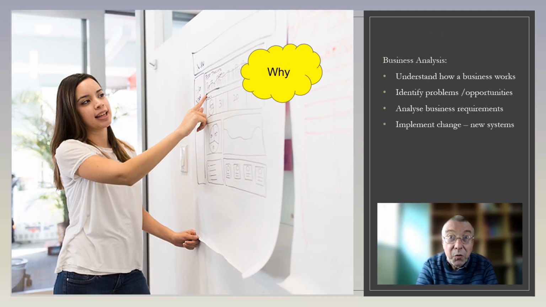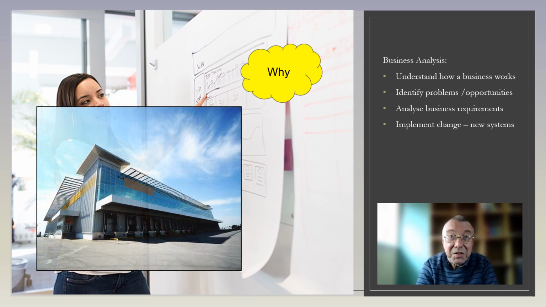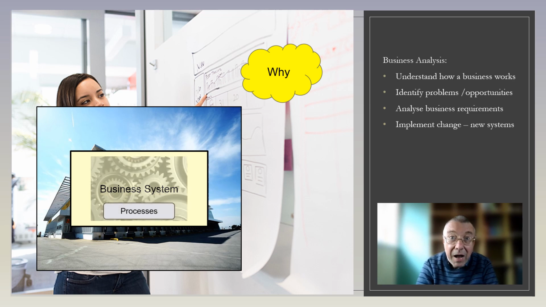The point of all this, the point of business process modeling, is that it helps you to understand how a business works, what the potential problem areas and opportunities are, what the business requirements are, and how this might be carried forward into a new, improved business system.